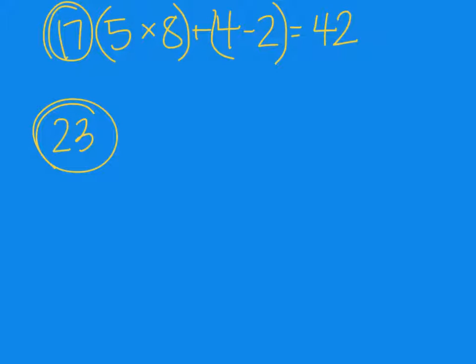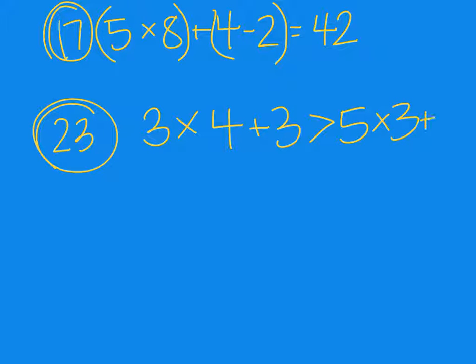Now we got lucky. We didn't have to do a guess and check for number 17, but on some of these other problems you might have to try a couple different options before you find the correct placement of the parentheses. So I have 3 times 4 plus 3 is greater than 5 times 3 plus 3. So we have to make this side greater than this side.